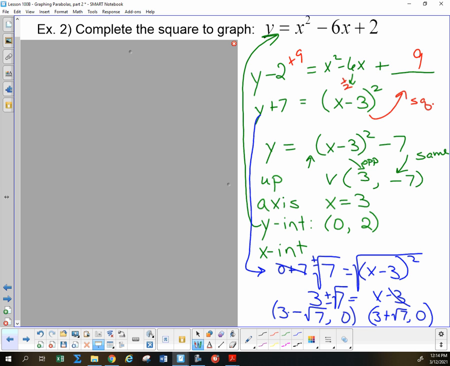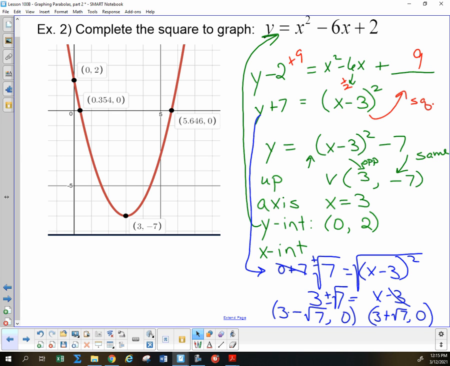Let's go ahead and plot what we see so far. As we said, the vertex is (3, negative 7). The y-intercept is (0, 2). We will draw our dotted axis of symmetry here. So from (0, 2), we went 1, 2, 3, and 1, 2, 3, and we got this symmetric point.